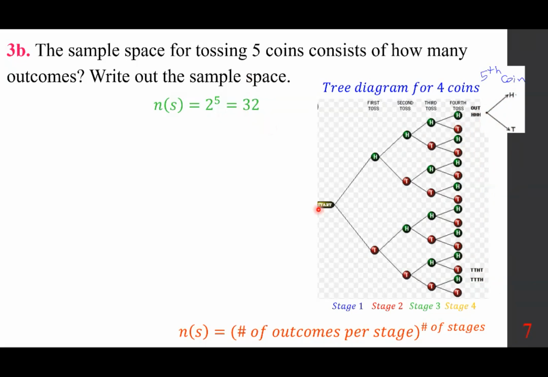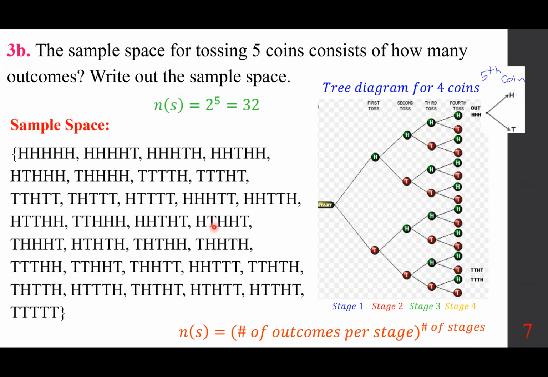If I want to go with the first one, I would read H, H, H, H, H. There are 5 of them. For this one, I would read H, H, H, H, T. And then I move on. For example, this one would be H, H, H, and then you go to T, and then H and T and T. And therefore, you end up with the following sample space.